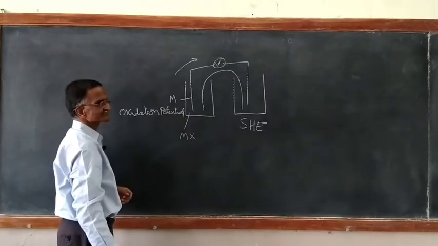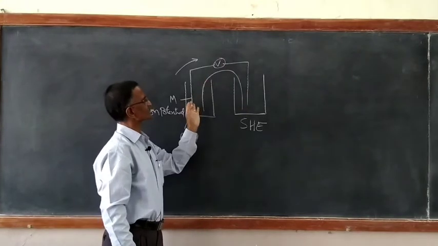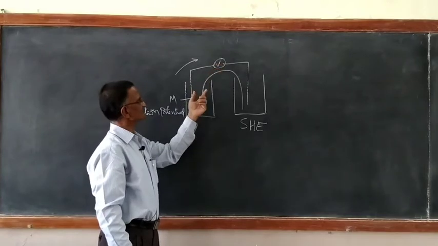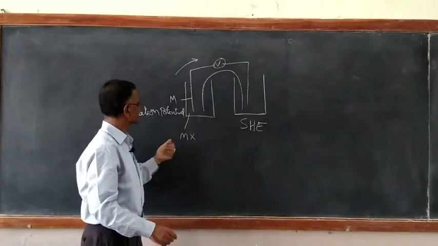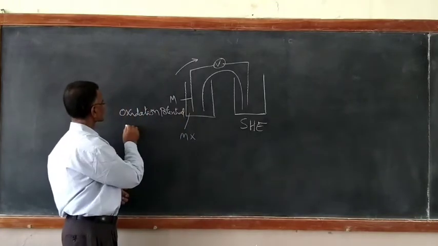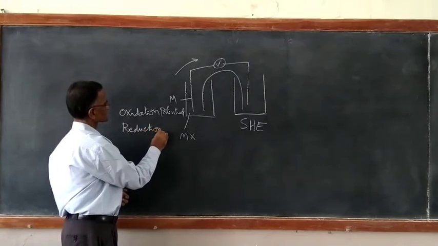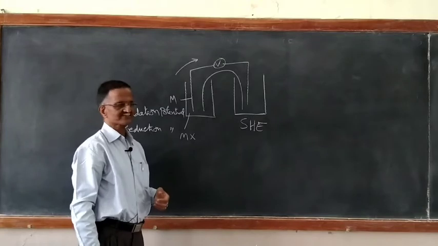But if it happens the other way, from hydrogen side, if electrons come to my metal, the voltage that I derive is because of reduction taking place. My metal is not undergoing oxidation, it is undergoing reduction. This I call as reduction potential.